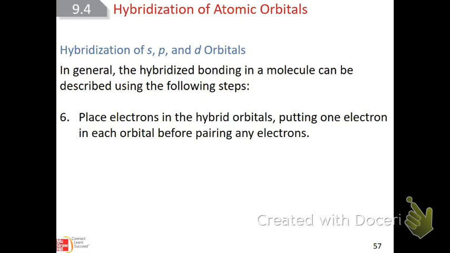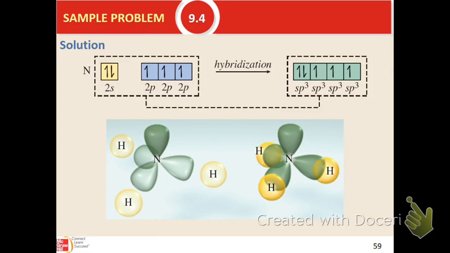In this case, you can see right here in sample problem 9.4, which is on the bottom of page 385, where you have a single s orbital involved and 3 p orbitals involved, then that hybridization is called sp3, because you have 1 s and 3 p orbitals all hybridizing together to make one hybridized orbital. Okay, that's on the bottom again of 385.